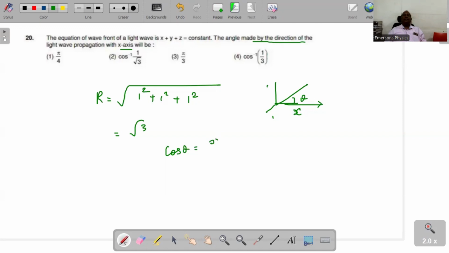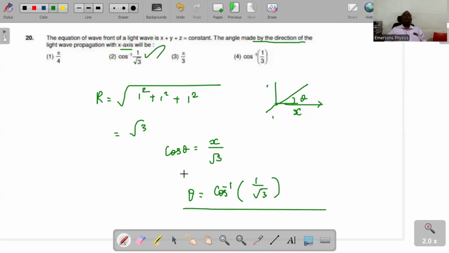So x is the adjacent side, by hypotenuse root 3. So x can be taken as 1, and theta will be equal to cos inverse of 1 by root 3 is the answer.